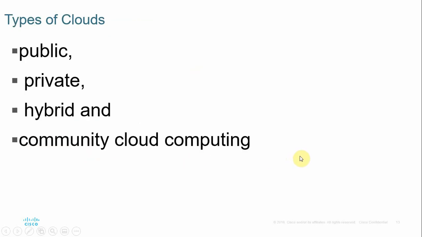Finally, we come to the different types of clouds. We have public cloud, private cloud, hybrid, and community cloud computing. So I'll tell you the difference between public cloud and private cloud. For example, your Gmail ID comes under your private cloud.